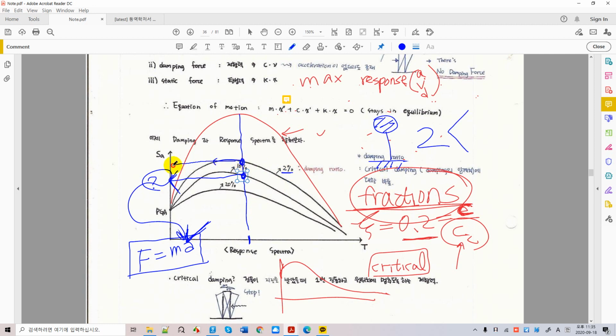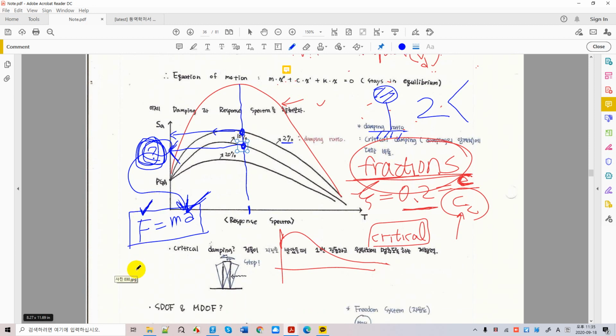And you go here and get what? The SA value on the y-axis. What does SA stand for? Spectral acceleration. After you get this value, you're ready to calculate the earthquake force, F. Now you know how to calculate the earthquake lateral force.